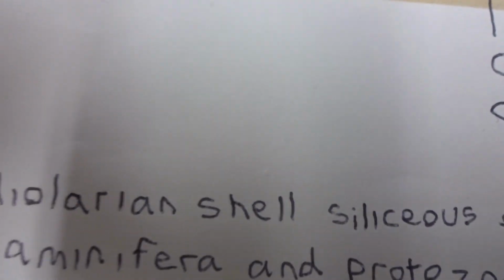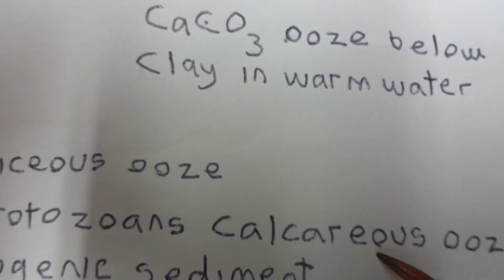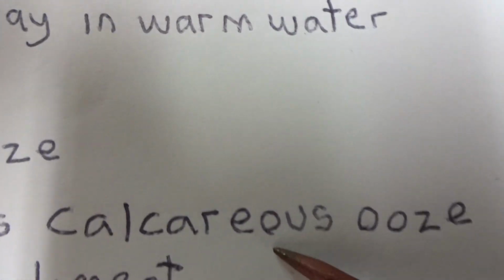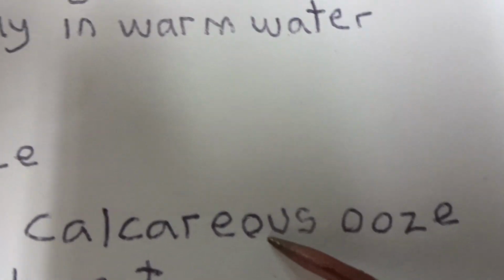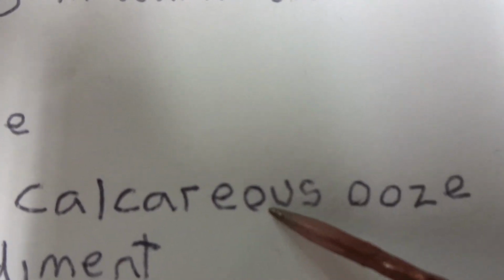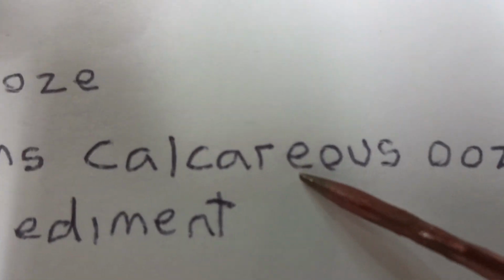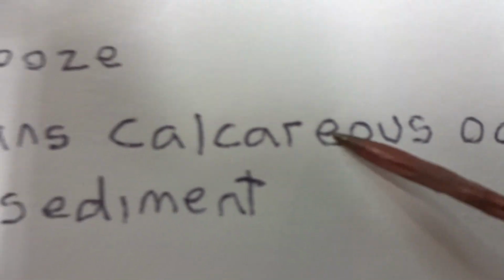Foraminifera and protozoans contain calcareous ooze. These are the microorganisms that fall to the bottom of the ocean floor and bring silica and calcium carbonate.